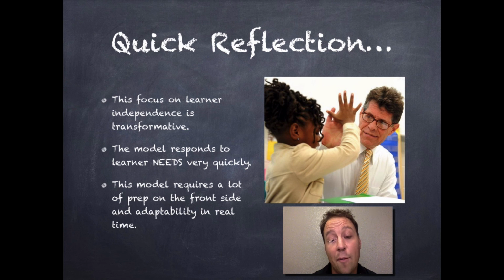This model requires a lot of prep on the front side and a lot of adaptability in real time, right? You've got to make a lot of stuff digitally as a teacher and go through the routines and rituals with your students so that they know where to find it, how to access it, the order that you want them to access it in. Lots of work on the front side, lots of adaptability in real time. Some days, students are going to need a lot of help.